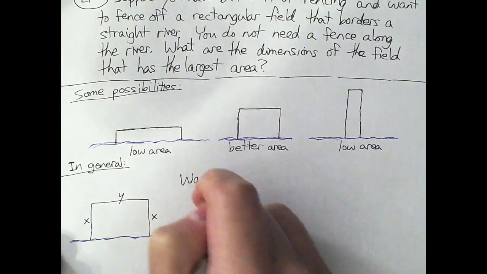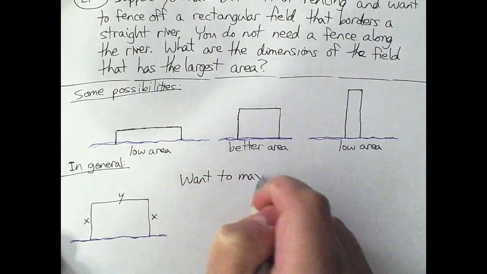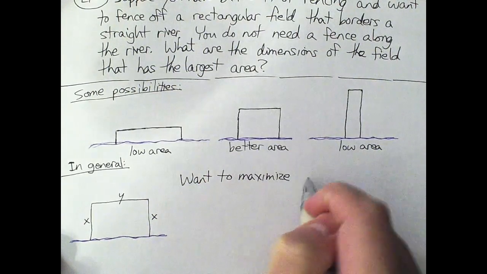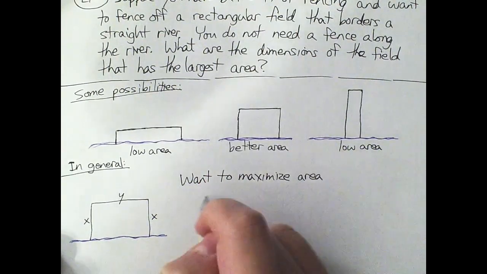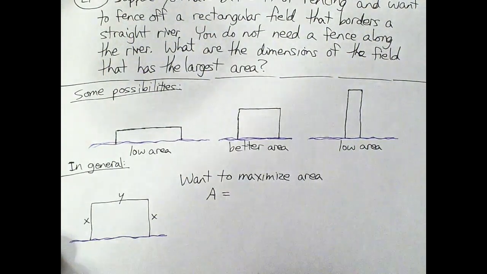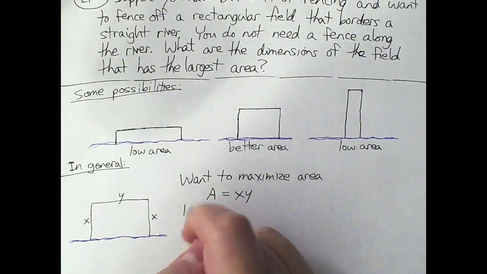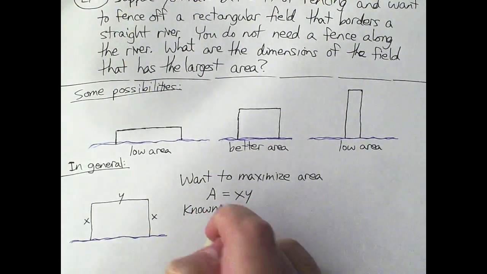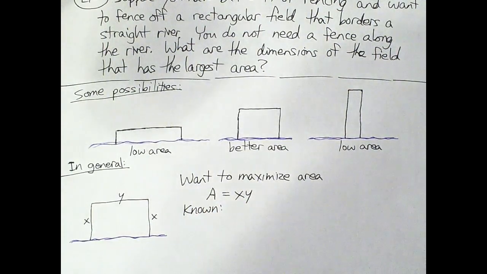Now, we want to maximize area. And what's the area of this rectangle? It's just one side times the other. We could say it's X times Y. And what information is given to us in this problem? The 2,400.